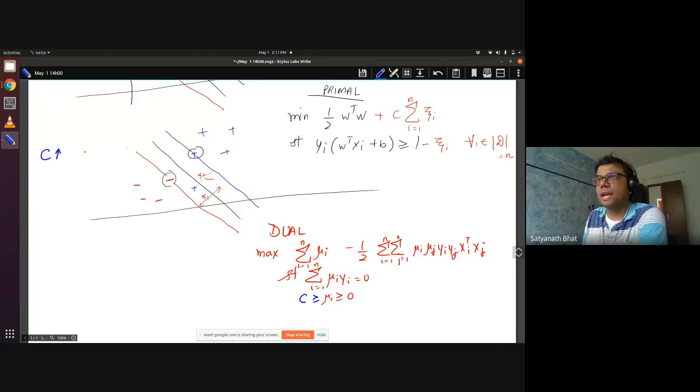That means there is an adverse cost on the xis. So basically, if C increases, you discourage the xis because you are minimizing something. What that does is it reduces the margin.